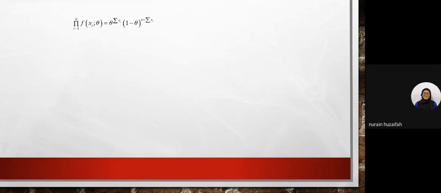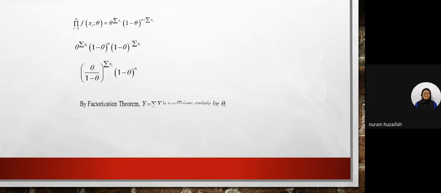We construct the joint PDF: theta to the power summation Xi, 1 minus theta to the power n minus summation Xi. Simplifying, we have theta over 1 minus theta to the power summation Xi, times 1 minus theta to the power n. So by the factorization theorem, Y equals summation Xi is a sufficient statistic.